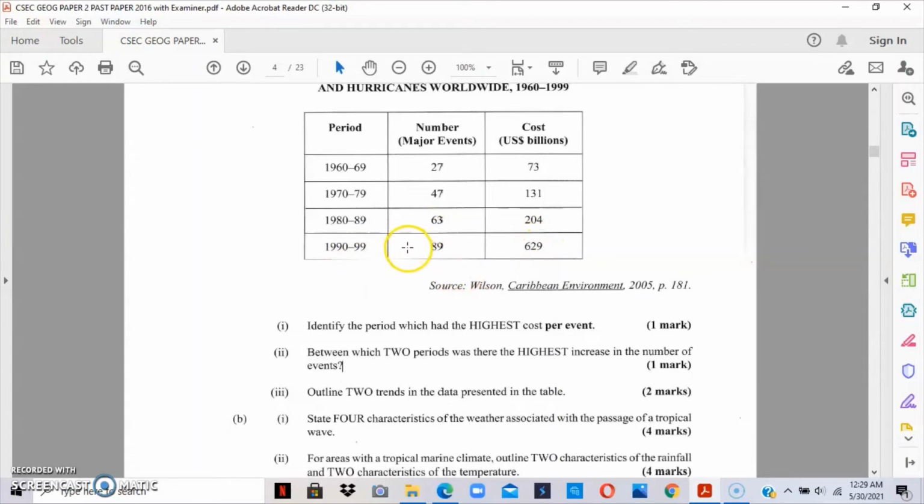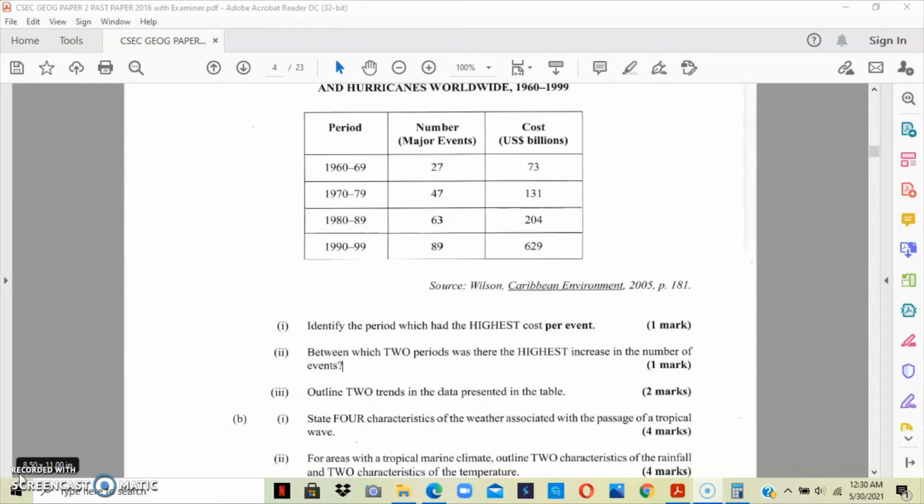Because when you divide 629 by 89, you would have gotten 7.06. So it means that for every event, 7.06 billion was spent, right? When you divide the other figures, you would get lower figures. So it was 1990 to 1999.